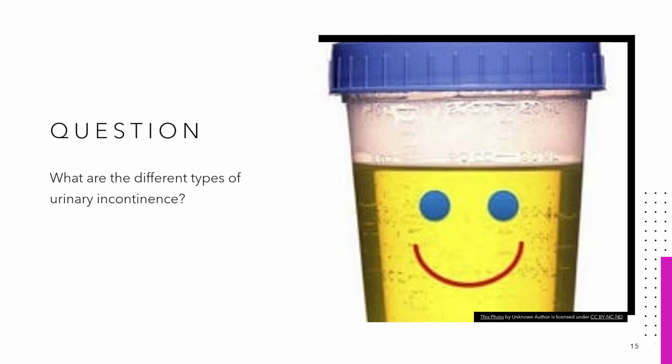So, what are the different types of urinary incontinence? Well, we have functional incontinence, which is a loss of urine resulting from cognitive, functional, or environmental factors. We have stress incontinence, which is a sudden increase in intra abdominal pressure causing involuntary passage of urine. It can occur during coughing, laughing, sneezing, or physical activities such as heavy lifting or exercise.